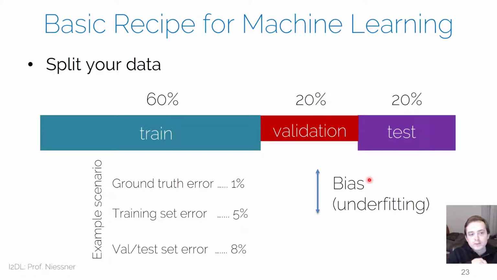Then using this validation set, you can tell if your model is underfitting or overfitting. If you plot the graphs of the train error and the validation error, and you see that the validation error is still decreasing, as well as the training error, then it means you can keep training your model, and you're not overfitting it.